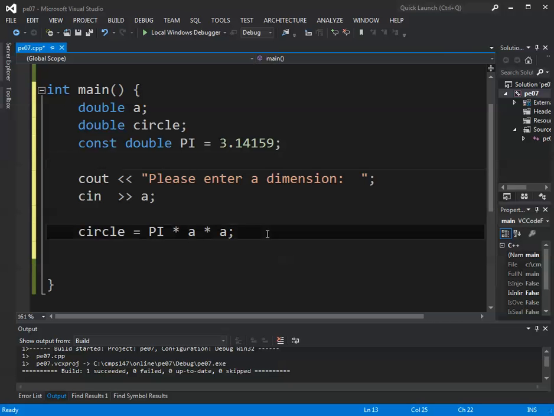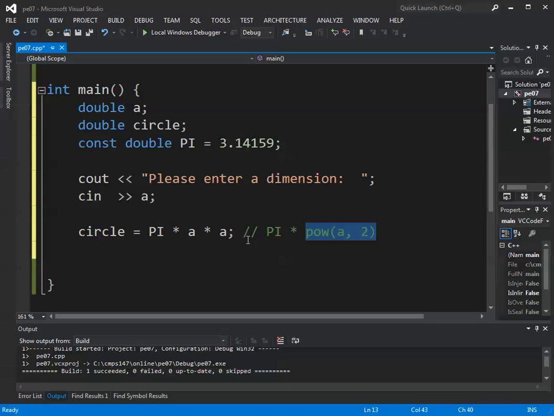Now we could have also written this, now that we know about the CMath library, we could have also done pi times the power of a to the second power. Both of these would be equivalent. Pi times a times a is the same thing as pi times a squared, which is really the result of this function. Which one you choose to use is up to you.